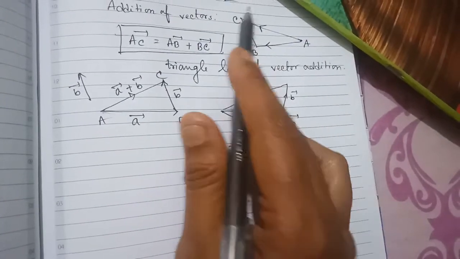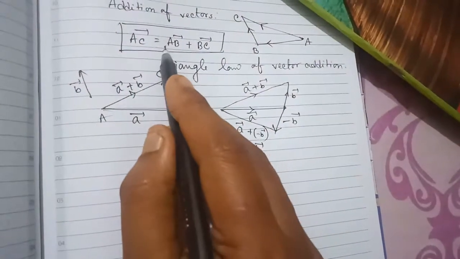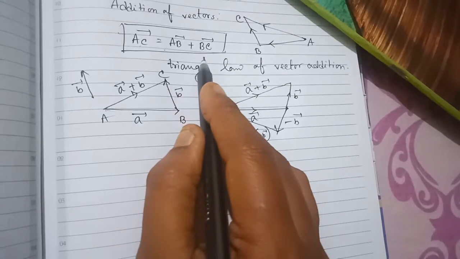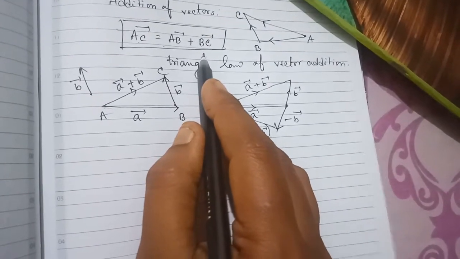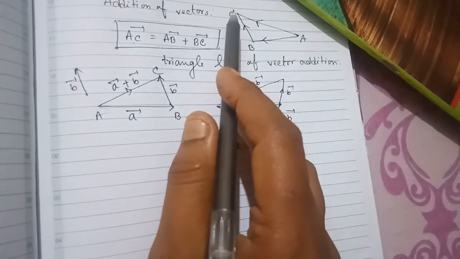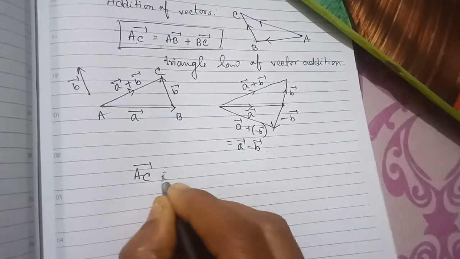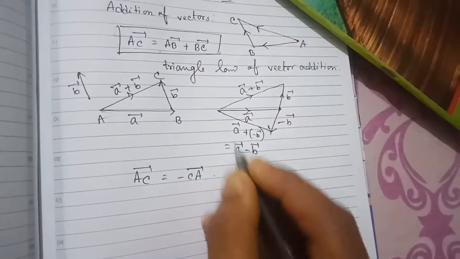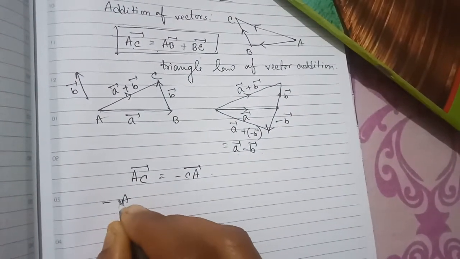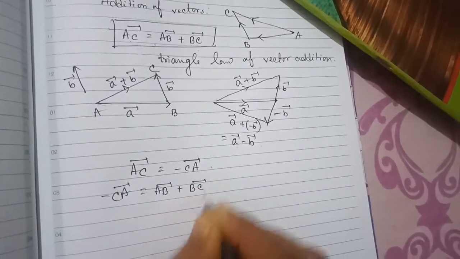Now in triangle ABC, if we consider this figure, then by the triangle law AC vector is equal to AB vector plus BC vector. Now the negative of a vector you have already studied. So AC vector can be written as minus CA vector. From this relation we can write minus CA vector is equal to AB vector plus BC vector.